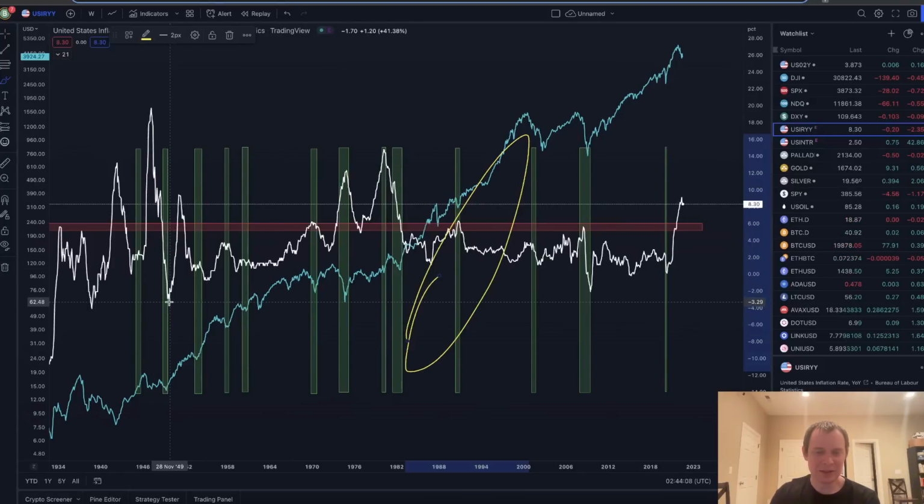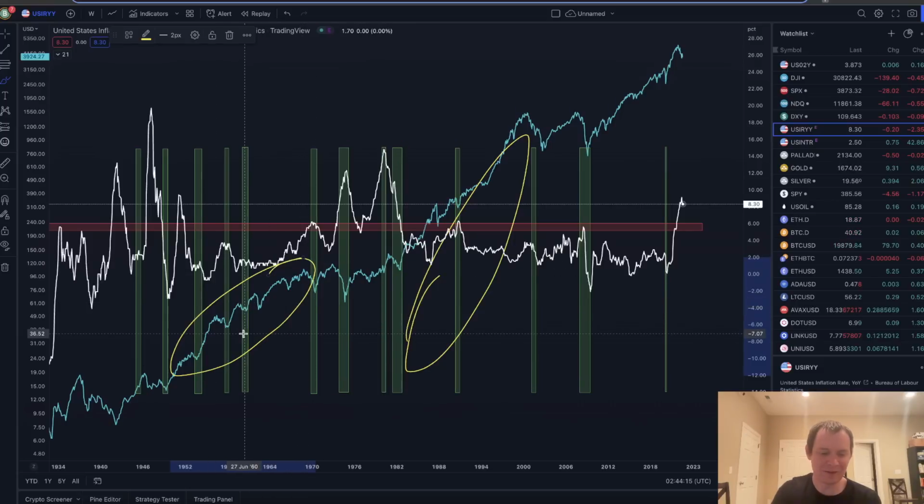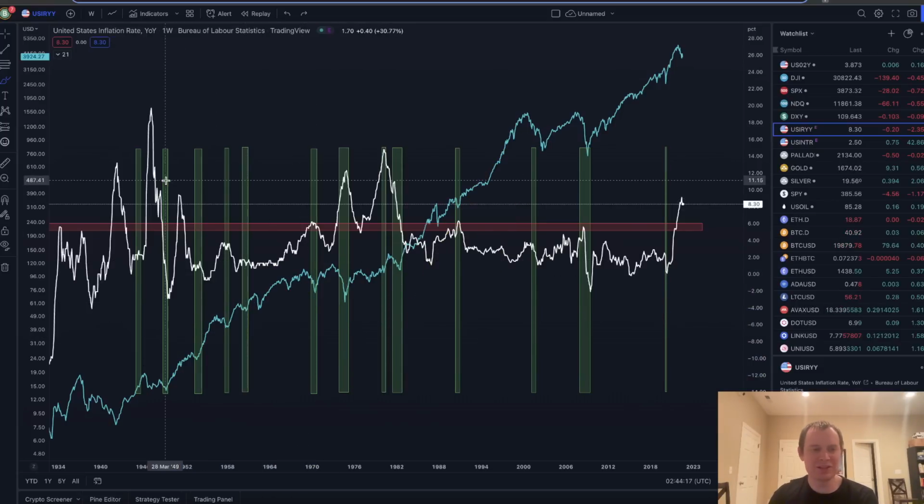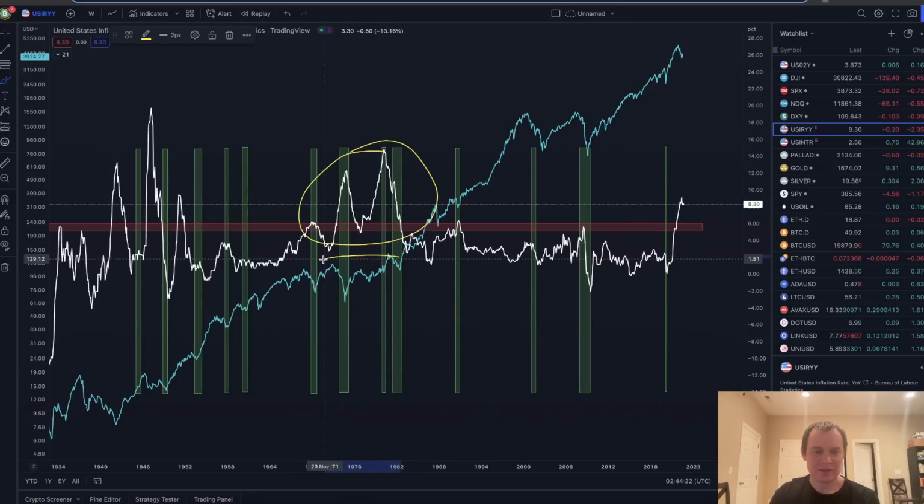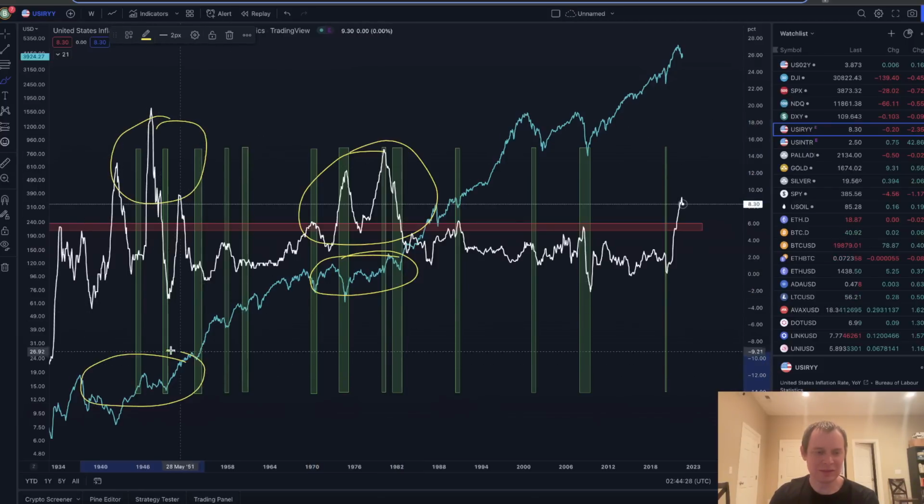After it gets back down to where more so the target is, that's when you start to see more impressive rallies in the S&P 500. What happens when inflation stays high, like it did over here in the 70s? Stock market goes sideways, like it did in the 40s when inflation was high. The stock market, right, it gets relatively boring. And it starts to go up after inflation finally starts to come back down, and it leads into a more booming economy where the stock market just goes up much more frequently.